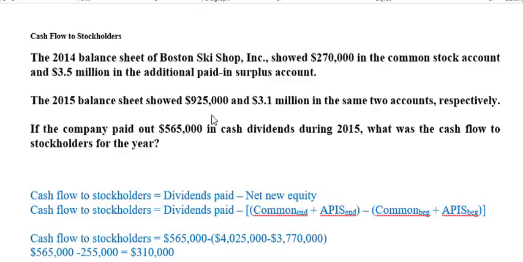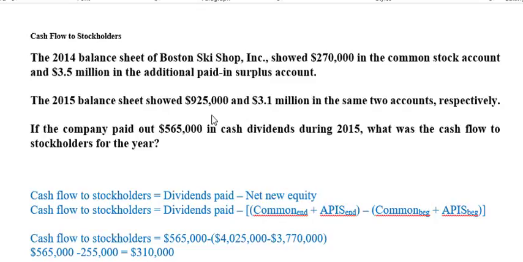But in 2015, we also paid out $565,000 back to the shareholders, those who own stock, in cash dividends. So the stockholders are receiving some money back from us, and in addition to their stock going up in value, they're getting a dividend and some cash is received. So the question is, what was the cash flow to the stockholders for that year?